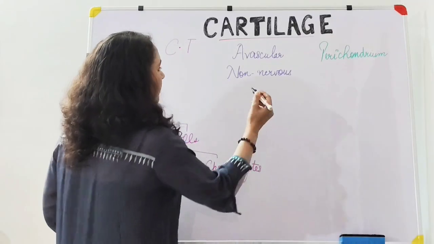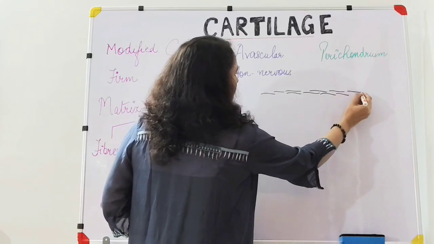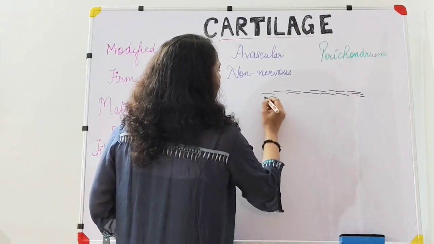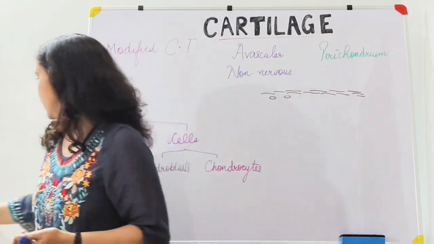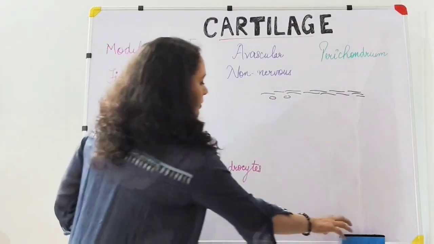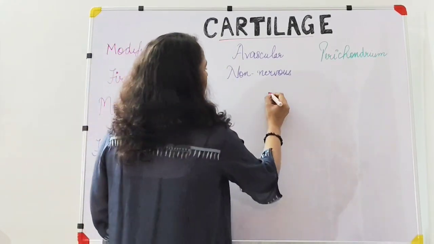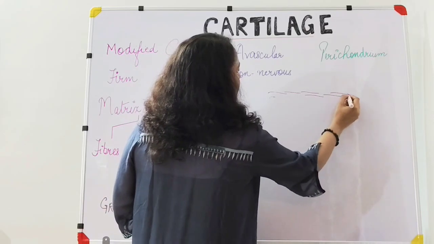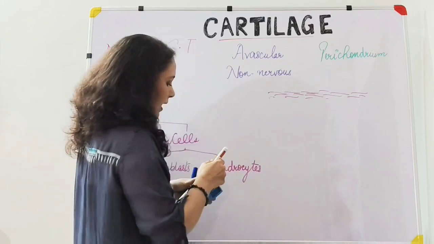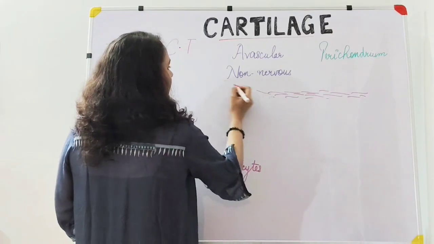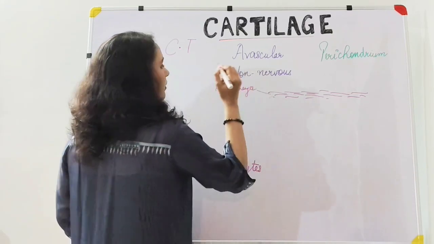If we draw it, this is the fibrous layer of the perichondrium, and then we have the cells, right? We can even draw this diagram using histological colors. This is the fibrous tissue. We can draw it with the lilac pencil color, and then we have these cells. So this becomes the fibrous layer of the perichondrium, right?